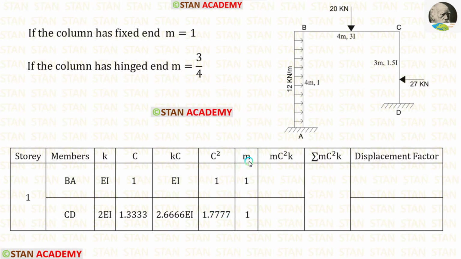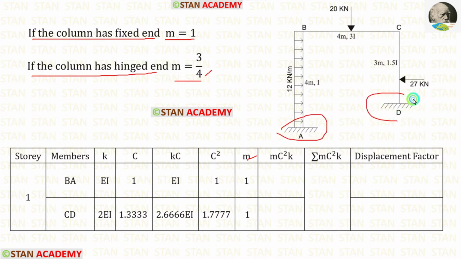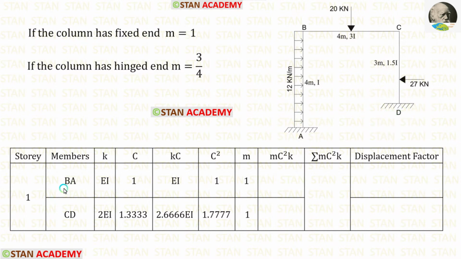Now let us apply the values of M. If the column has fixed end, the value of M is 1. If the column has hinged end, the value of M is 3 upon 4. Right now, both of the columns are having fixed ends. So for the columns BA and CD, the value of M is 1.